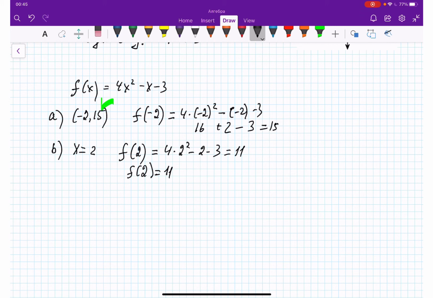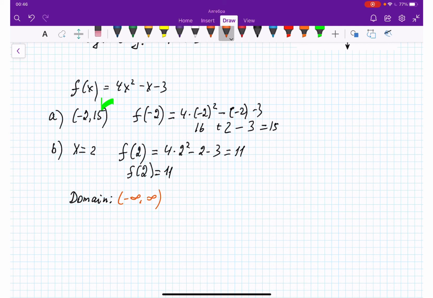No. If we need to identify the domain algebraically, if there is no division by x, then our domain is going to be negative infinity, positive infinity. Okay?